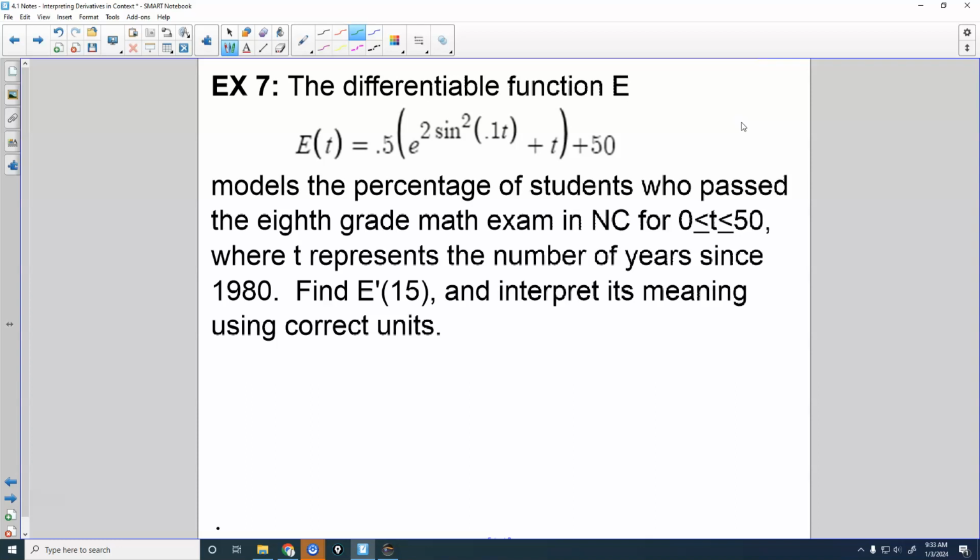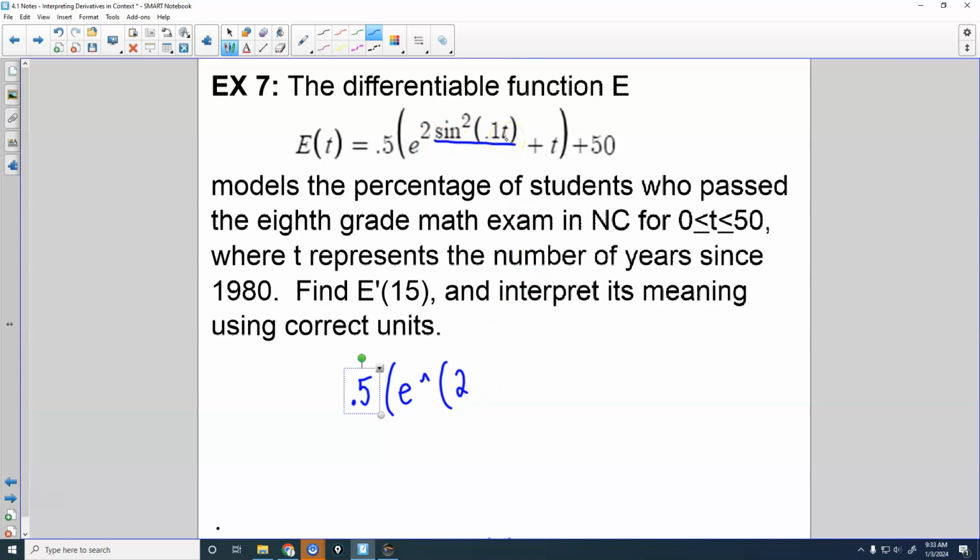It's kind of hard to get it in right. So you're going to have 0.5 e to the, it's going to open parentheses, you'll have a 2 sine squared.